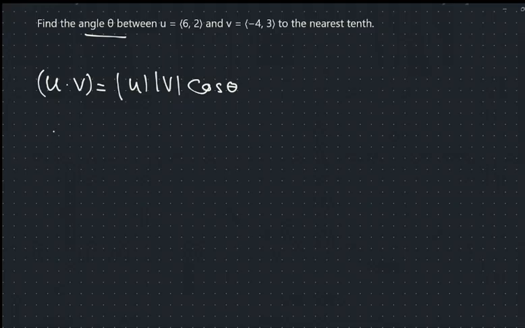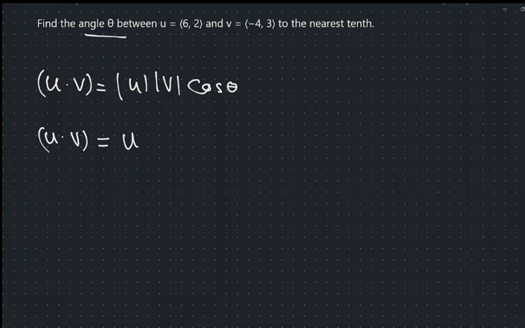And the definition of a dot product is as follows. U dot v is equal to, actually let me make v look like this so it's more different than u, so it's more distinguishable.